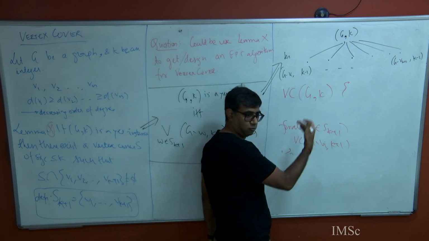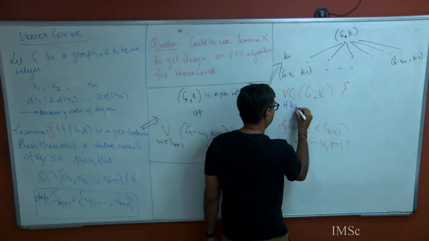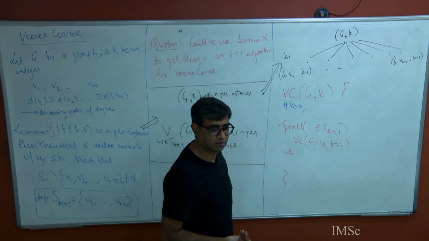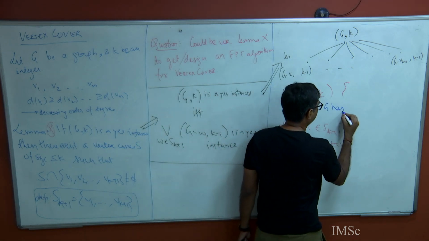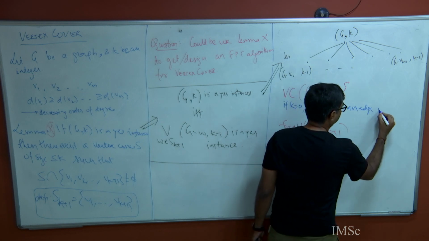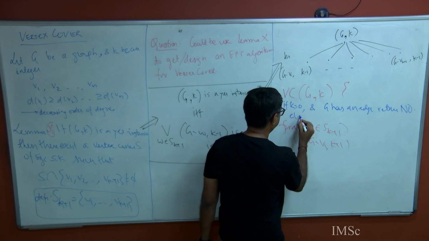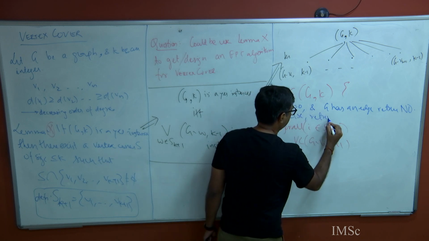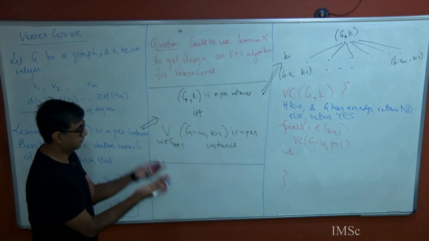So what will be my base case? I say if k equals 0, what should I check? If k equals 0 and G has an edge, return no, else return yes. So I wrote it, there is absolutely nothing more.